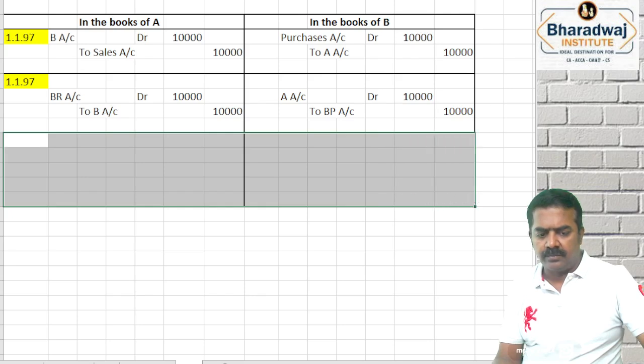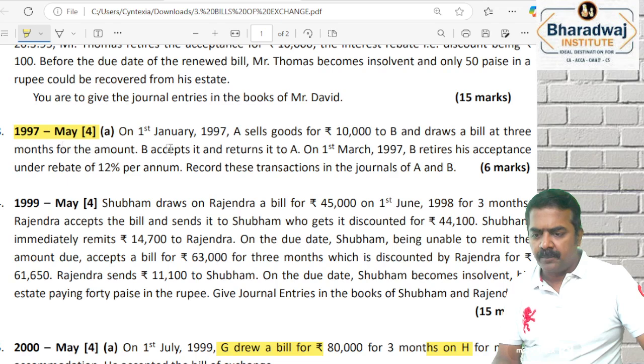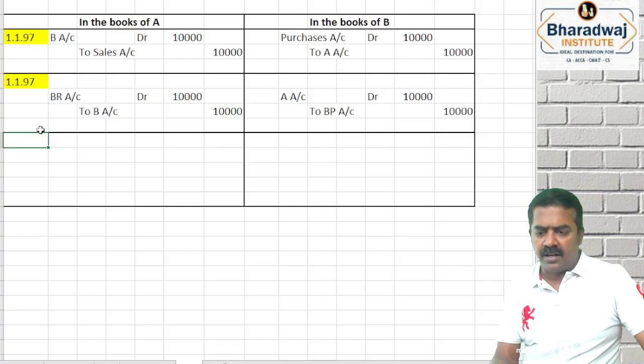Actually the bill is for how many months? 3 months. But on 1st March they retire it.